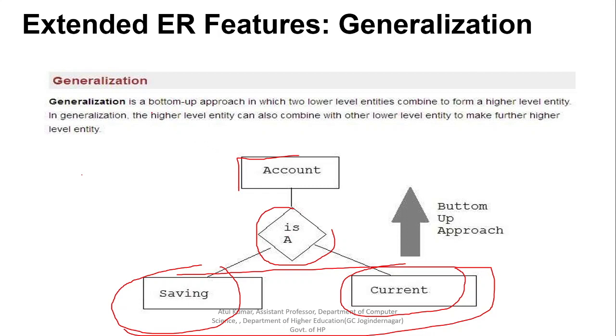So generalization is basically a bottom up approach in which two lower level entities combine to form a higher level entity, and the higher level entity can also combine with another lower level entity to make a further higher level entity. This means generalization is also possible at multiple levels.